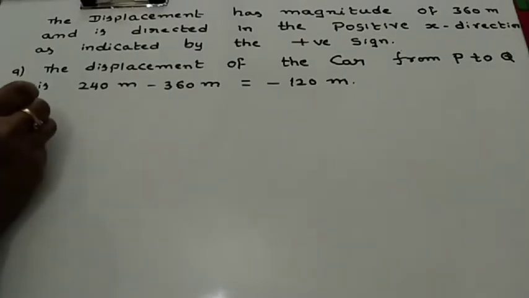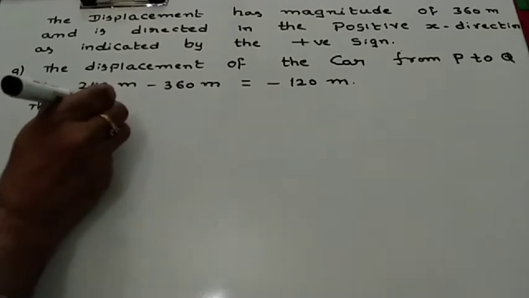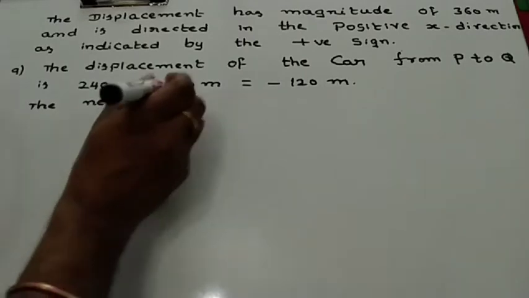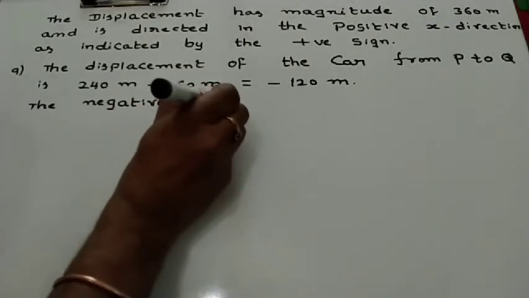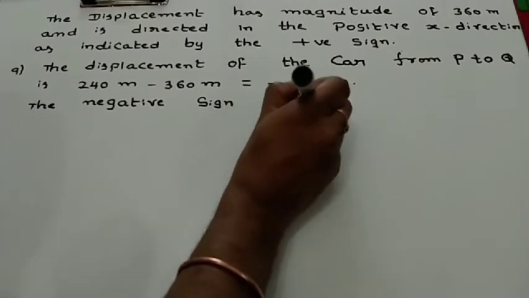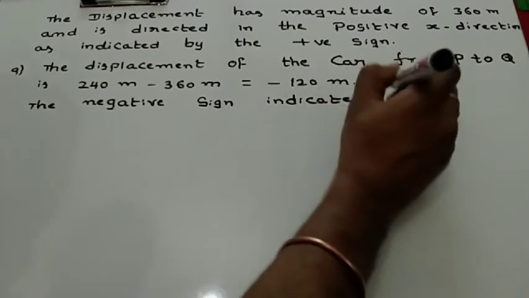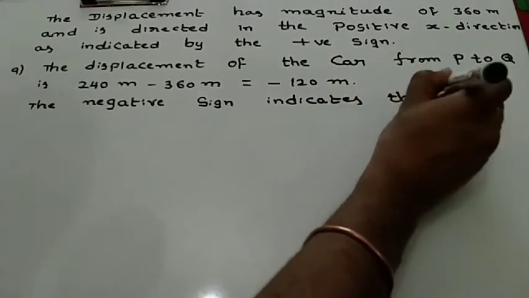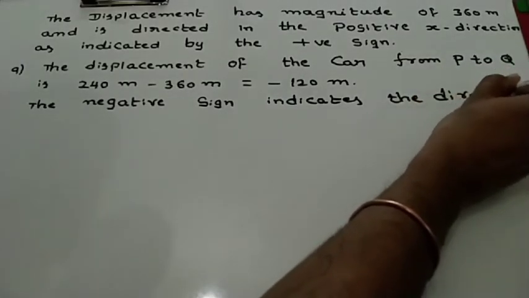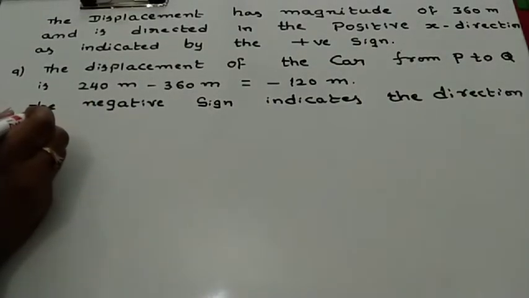Now the negative sign indicates the direction of displacement.